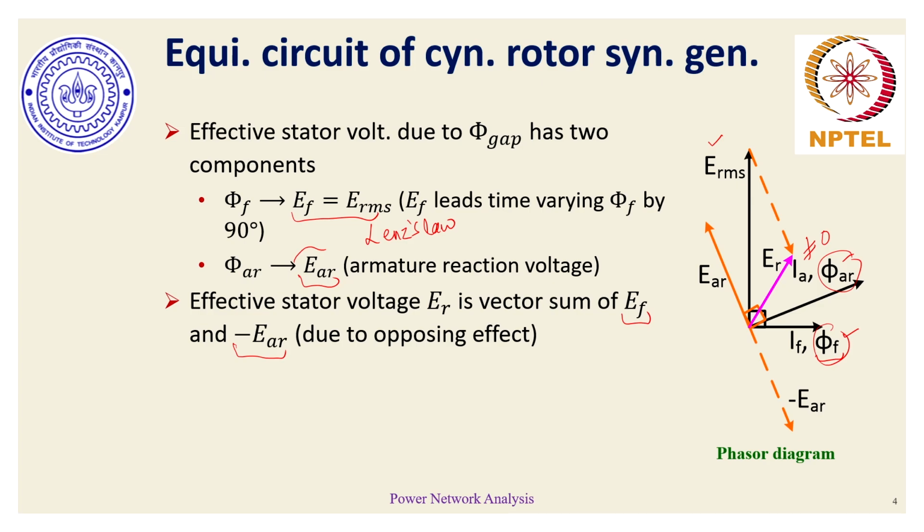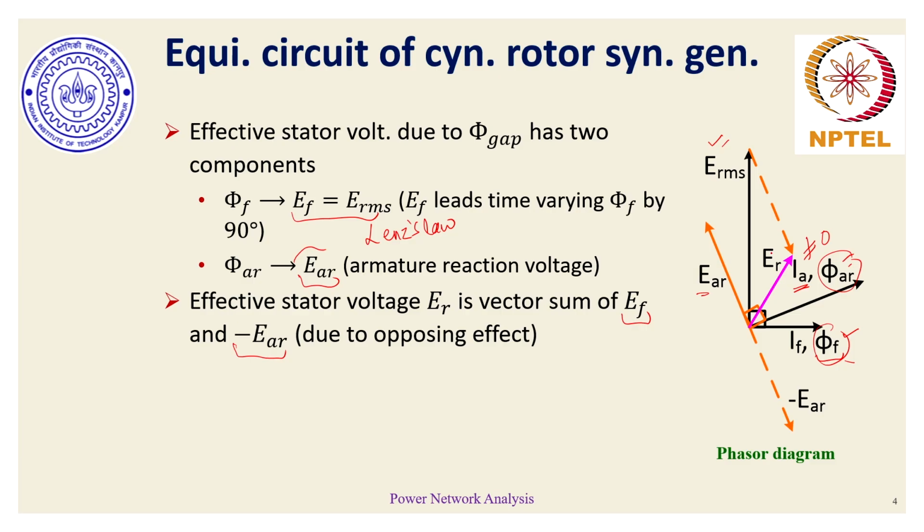So if we have to plot the reaction voltage EAR on the same phasor diagram, since the armature current is non-zero and the reaction flux is the major component of armature current, phi AR is in the collinear direction with IA. As the induced EMF leads the corresponding flux by 90 degrees, the armature reaction voltage would also lead the reaction flux by 90 degrees.